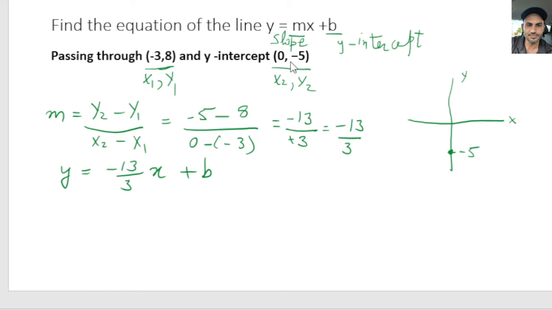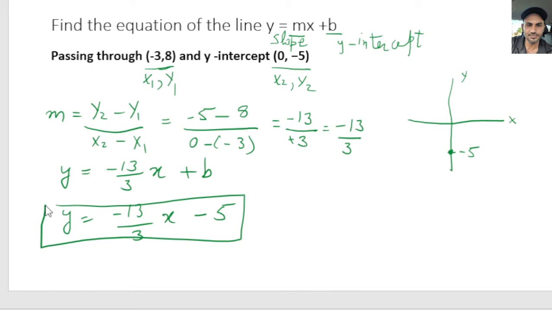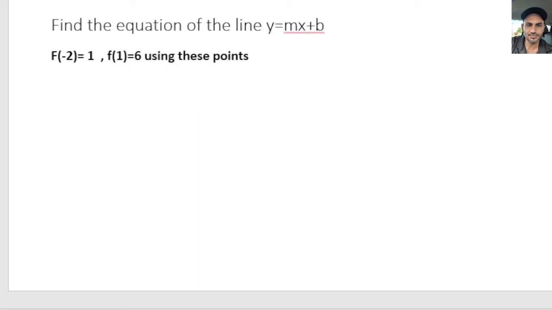So you don't have to actually plug in the whole point here and solve for b, because you are already provided the information for b in this point right here. So I'm going to just go ahead and substitute the value of b right here. So b is -5, and this is the equation of this line. Okay. All right, now let's go ahead and do the second example.